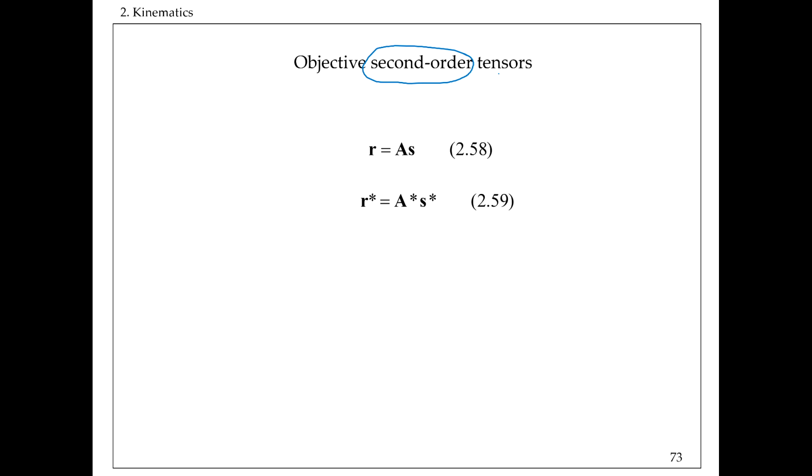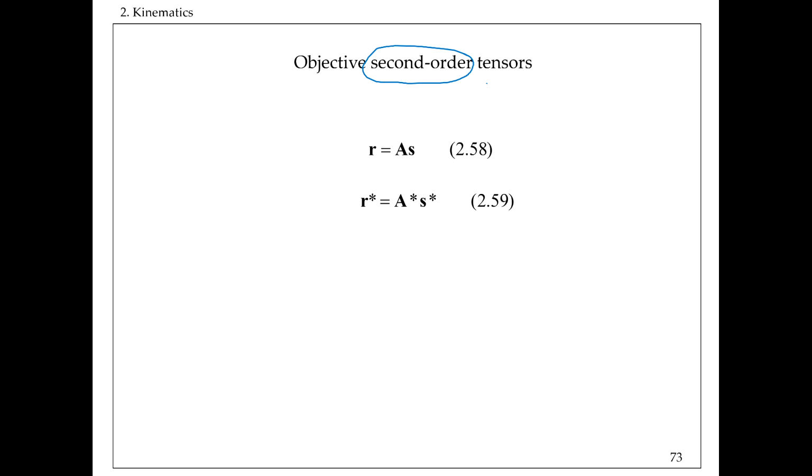Now the vectors, let's say the vectors are objective. Then we can say that the second order tensor is objective if, when it acts on those objective vectors, the objectivity of those vectors is preserved.